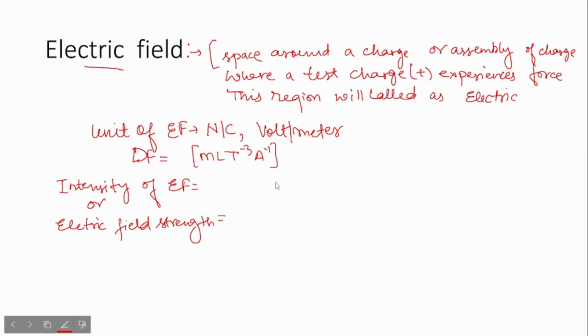This is defined as the force experienced by a charge per unit charge, means force per unit charge. This is defined as force upon charge. This is electric field intensity, or electric field strength.